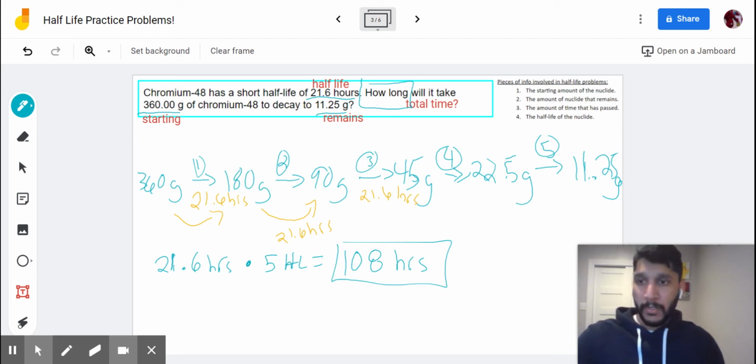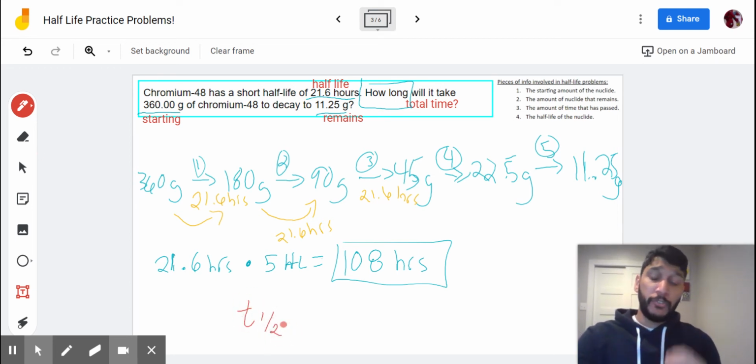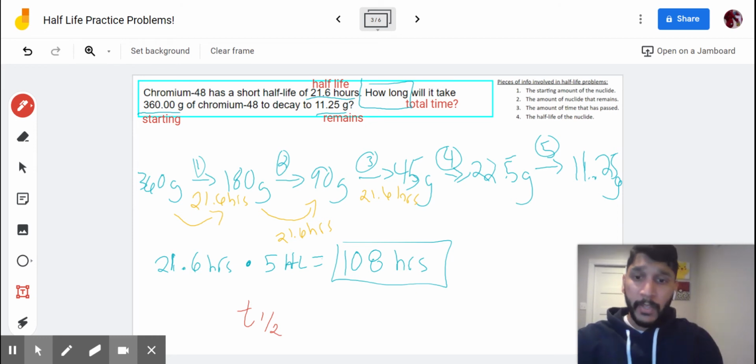So if you like that type of stuff, I'm going to jot something down here. This T half is usually what represents a half-life.